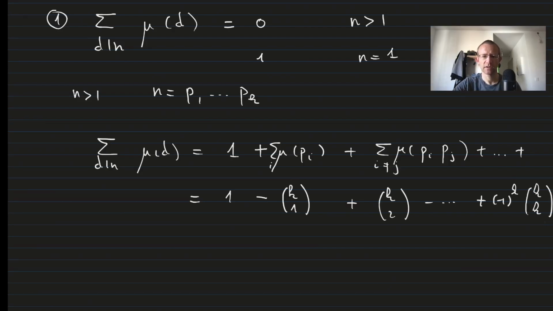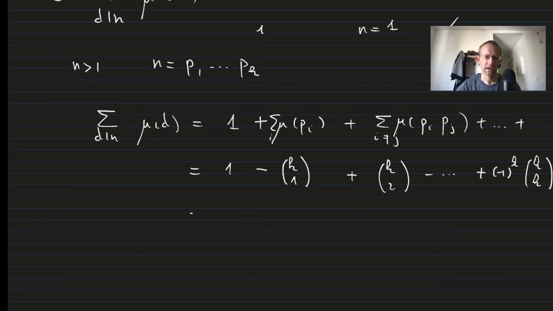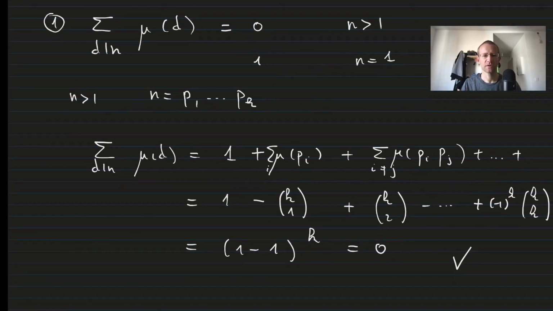But then clearly we can rewrite this as 1 minus 1 to the power k, which is equal to 0. So therefore, we have proven the desired property that the sum of Möbius functions over divisors of n for n bigger than 1 is equal to 0.